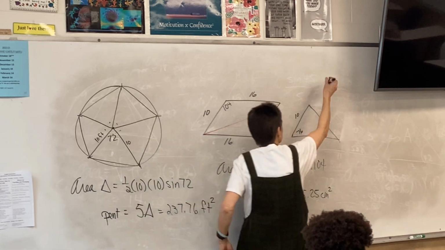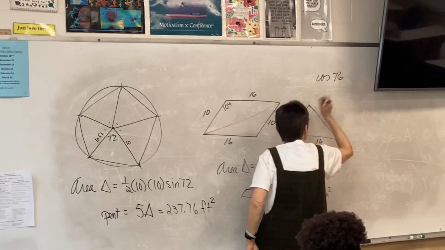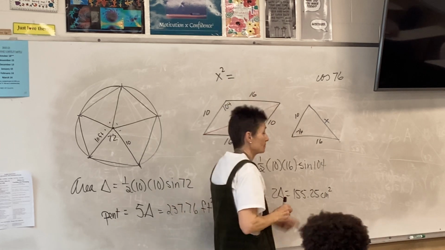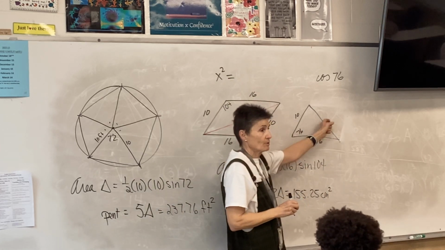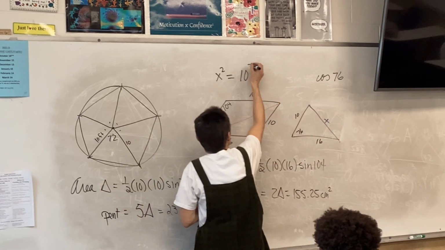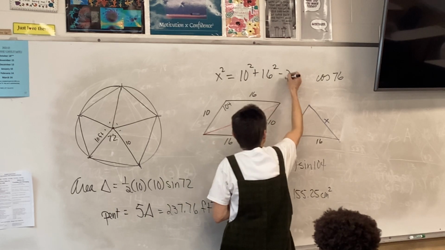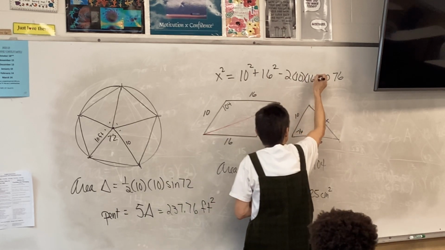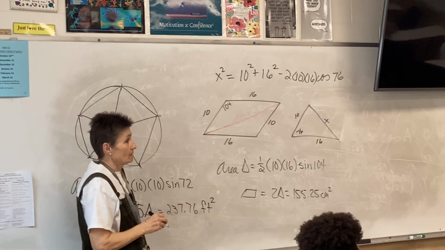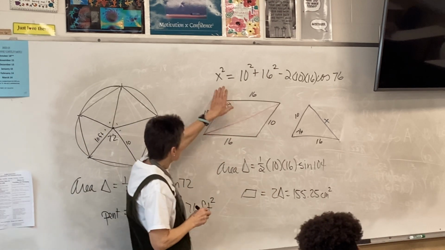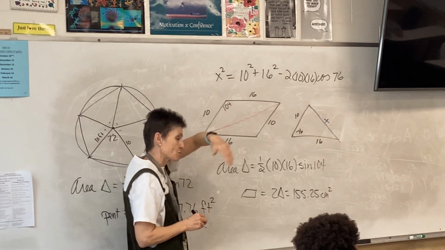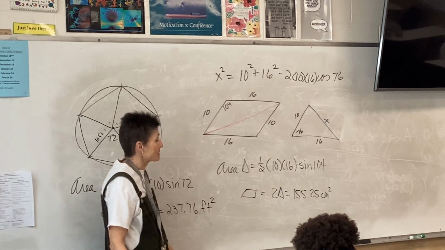My angle is 76, so it goes out here. At the other end goes x squared. There's your angle, there's your side. In the middle goes 10 squared plus 16 squared minus 2 times 10 times 16. See how the variable's over here? Perfect. Type it in, square root it, and that's your answer.